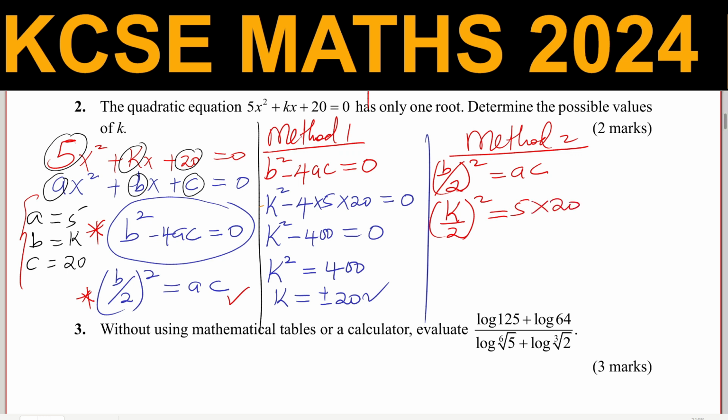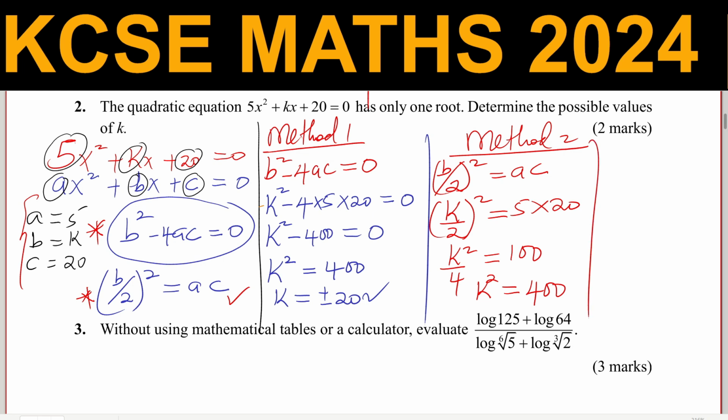So k divided by 2 squared will give k squared divided by 4 is equal to 5 multiplied by 20, that will give 100. So multiply both sides by 4 to make k squared the subject of the formula. So k squared is equal to 100 times 4, which gives 400.